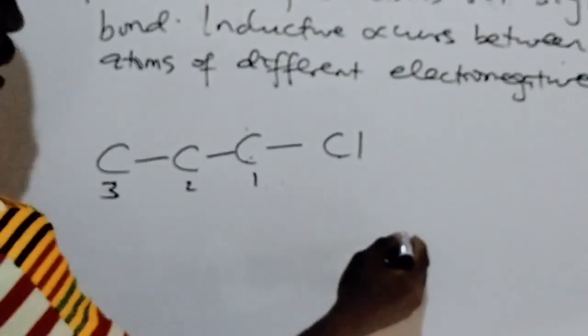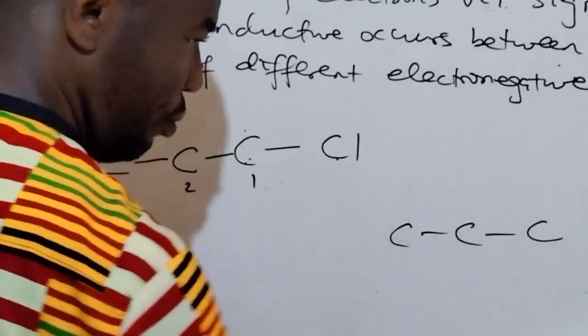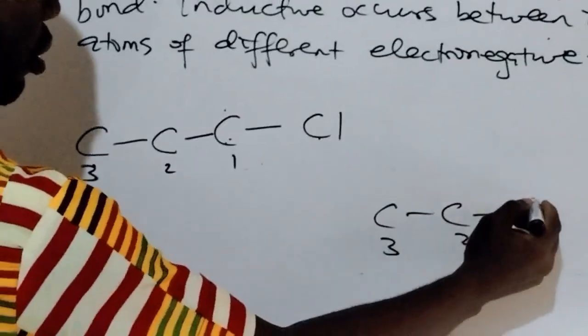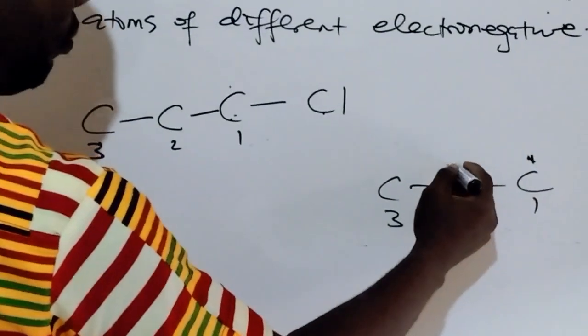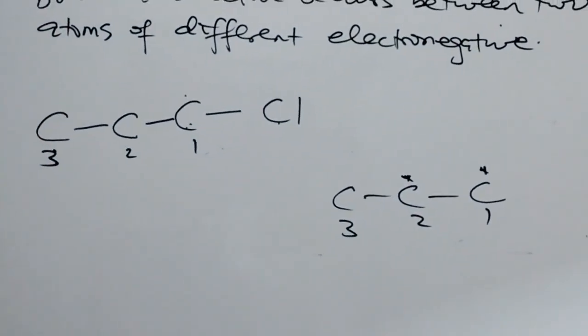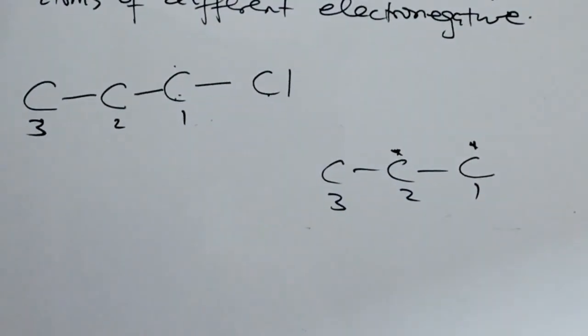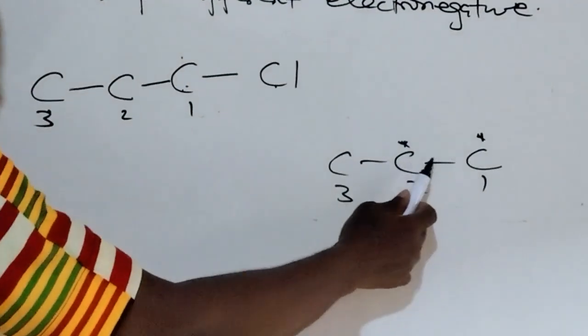Let's assume that we have only carbon atoms in the structure, carbon 1, 2, and 3. Let's consider these 2 positions, this carbon and this carbon. Why are we not going to have an inductive effect between 1 and 2 or between 2 and 3? It's because these atoms have similar electronegativity.